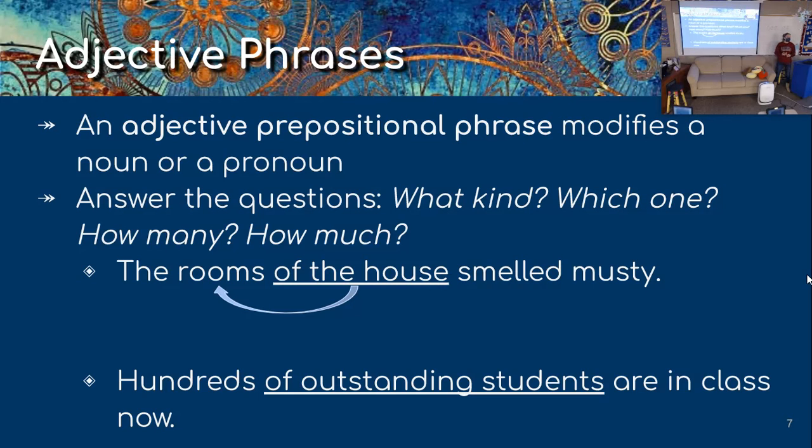What do you think, Malachi? Hundreds. Okay, hundreds is actually a noun. So this is telling us what kind of hundreds. Well, it's hundreds of outstanding students. So do you see how it's answering one of those adjective questions? Nice job. Okay, do we feel like we're kind of getting this?